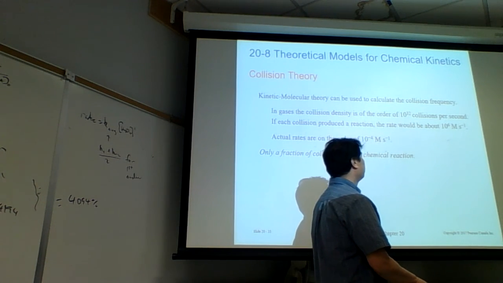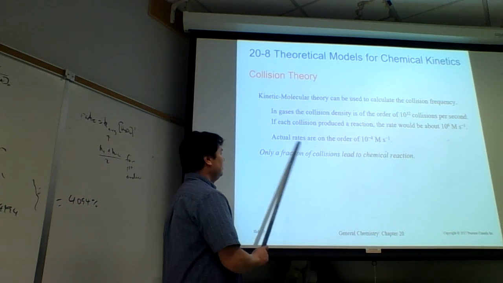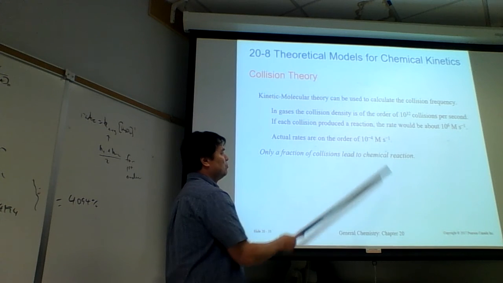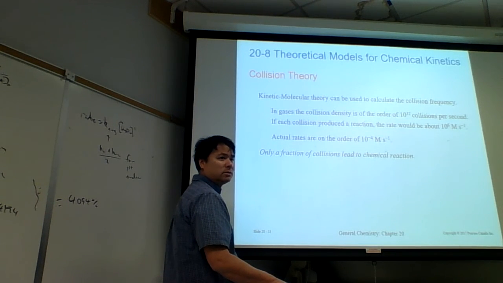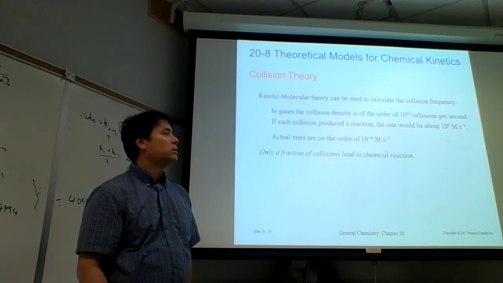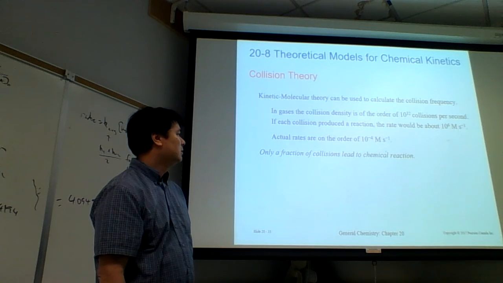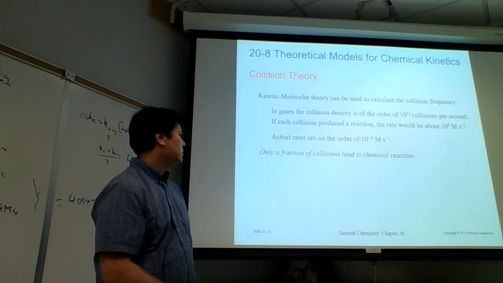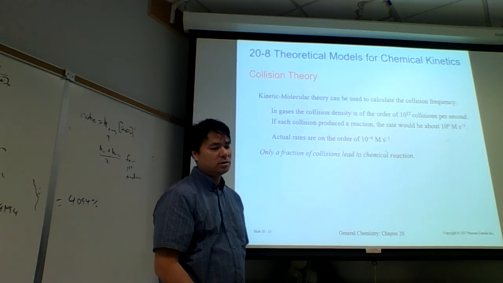Impossible, that would be an incredibly fast reaction. In reality, the actual rates are around 10 to the minus 4, which would be 100 micromoles per second. Now that is a lot slower. So the end result is that only a fraction of the collisions actually lead to a reaction.